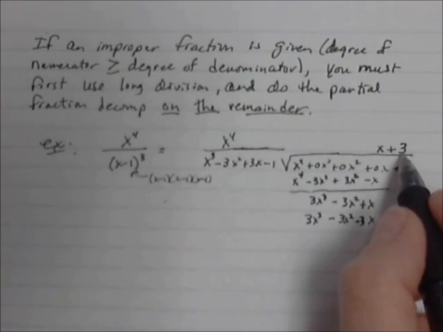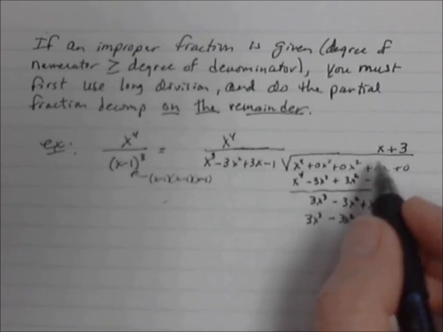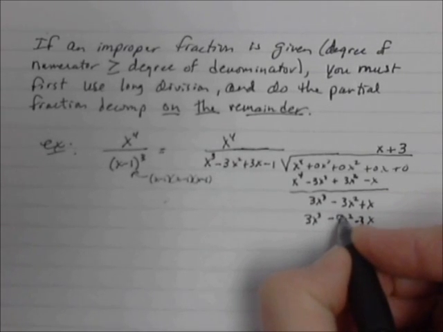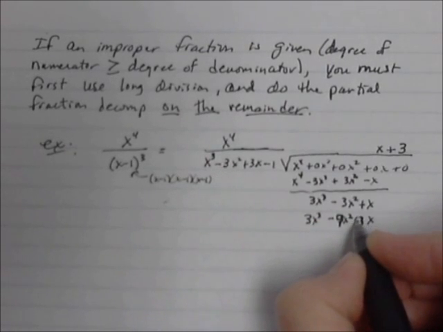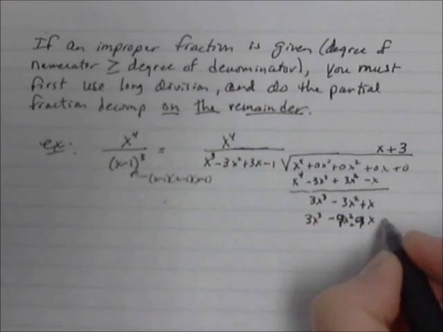What's going on here? 3x to the third minus 9x squared plus 9x minus 3.